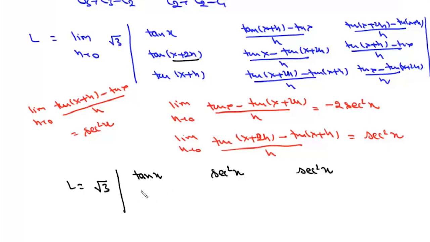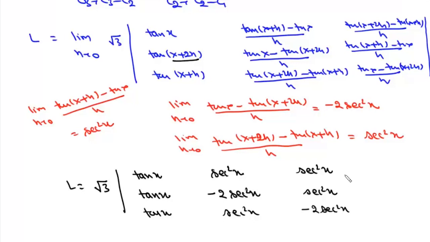When h tends to 0, it will again be tan x, and here will be minus 2 secant square x, and this is secant square x. Now this again is tan x, this is secant square x, and this is minus 2 secant square x.